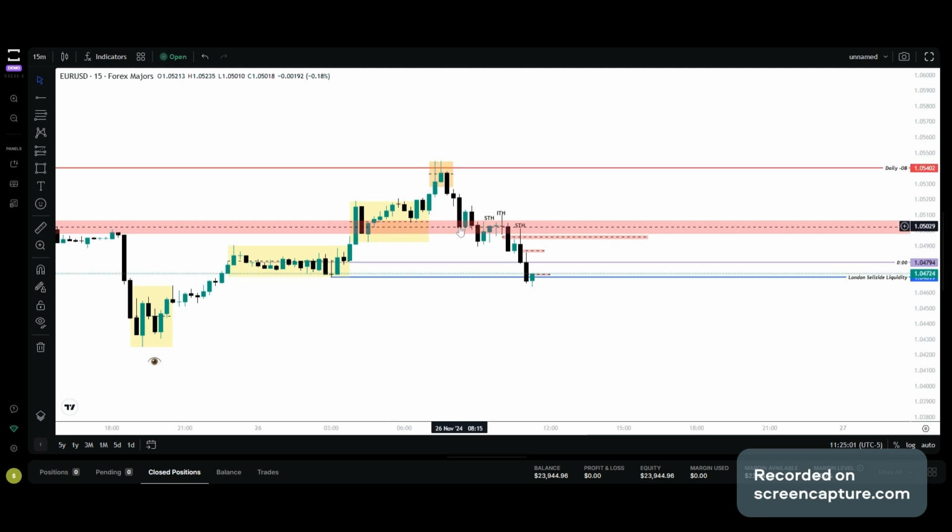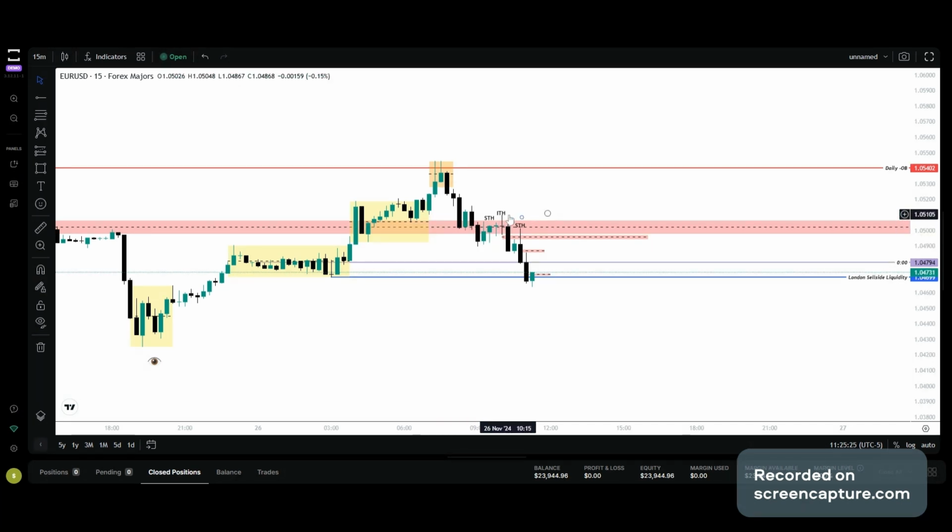Okay. At 8:30, we came back up into this 15-minute sell side imbalance, buy side inefficiency, which is also part of a breaker. So that's a nice unicorn entry, or nice first stage low risk short on a market maker sell model.